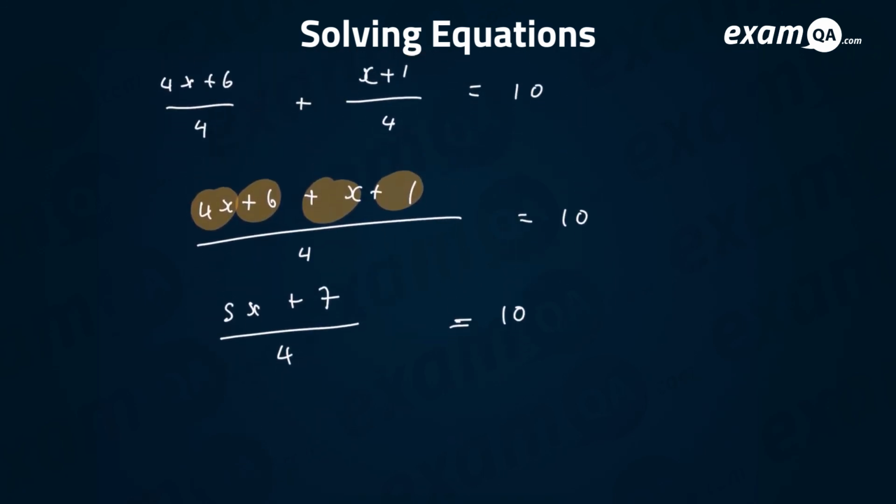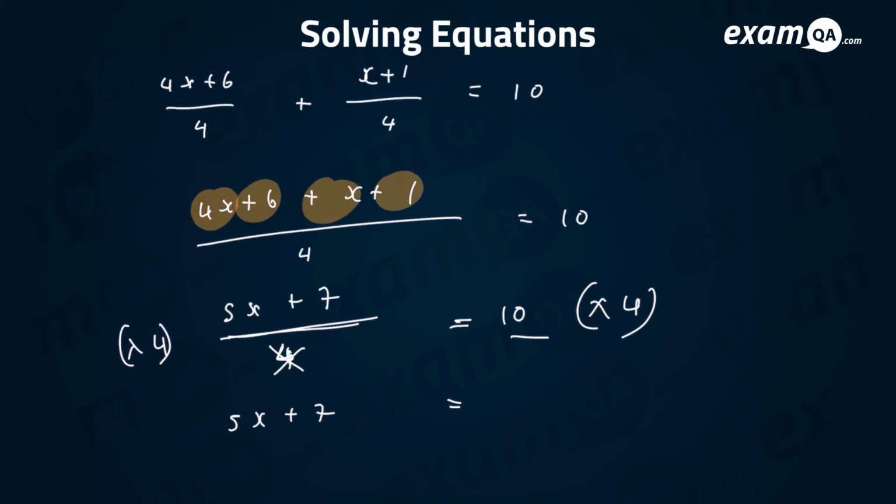Okay, and then back to basics. How do we get rid of divide by 4? You times both sides by 4. So that goes away. We're left with 5x plus 7, and that's equal to 10 times 4, which is 40.